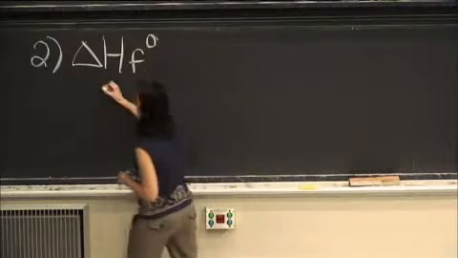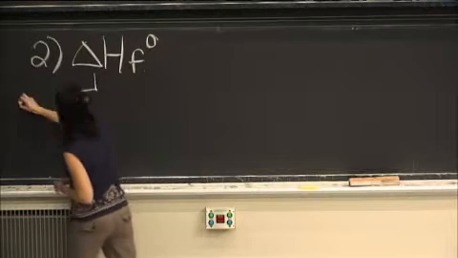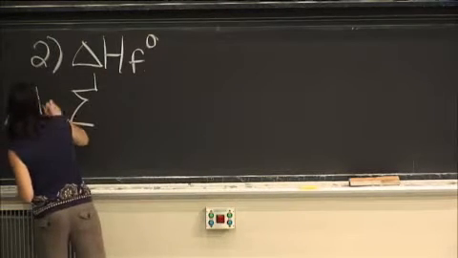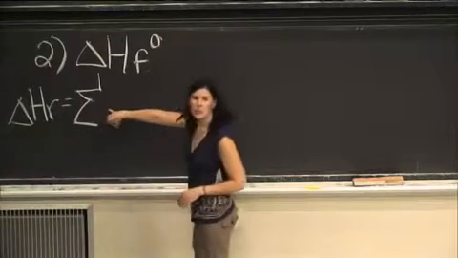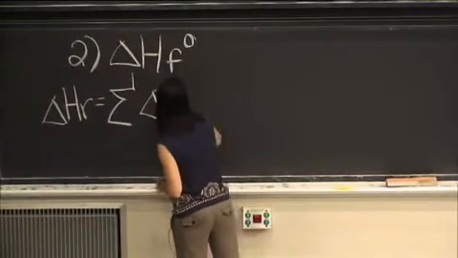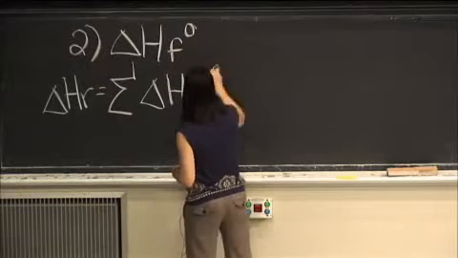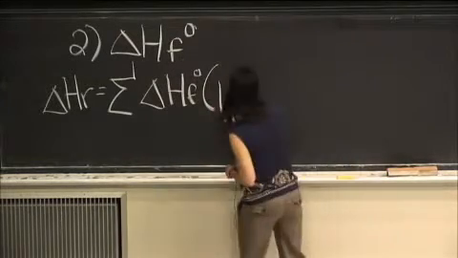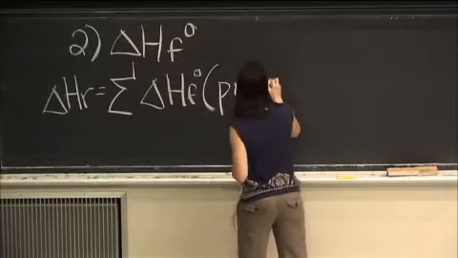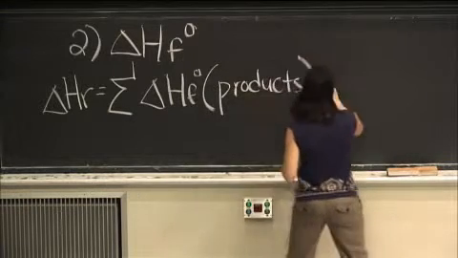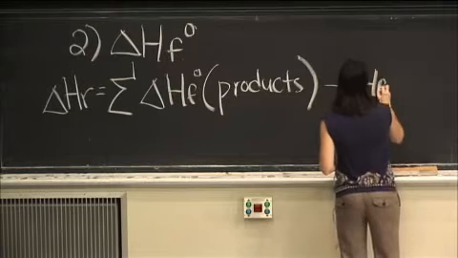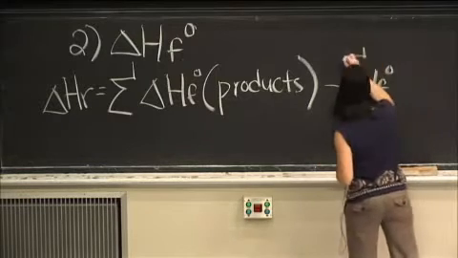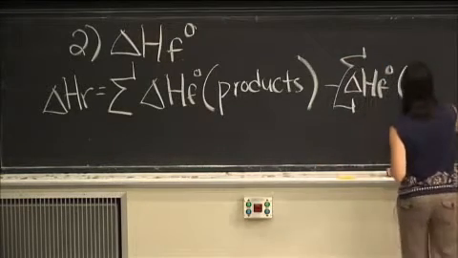If we're trying to do a calculation using enthalpies of formation, what we find is that delta H of the reaction is equal to the sum of the delta H of formation of products or reactants? Products, good. Of products minus the delta H of formation, and this is the sum again, of reactants.